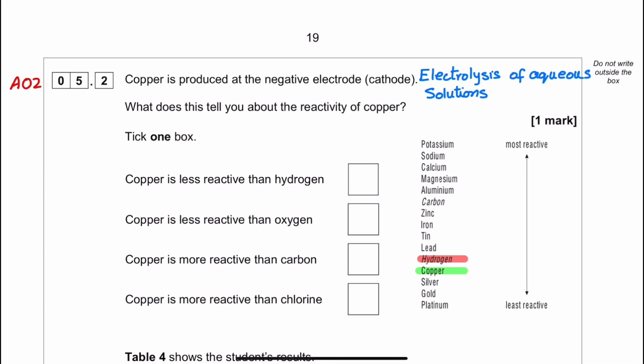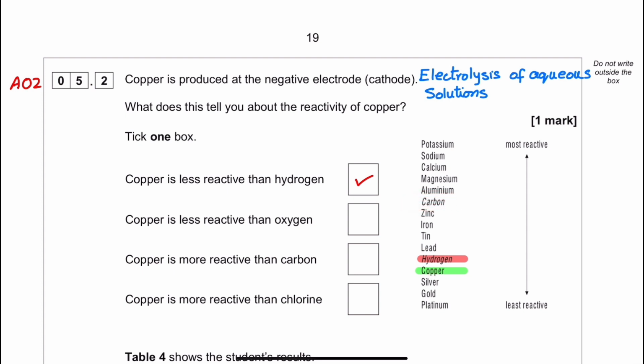So our correct option is copper is less reactive than hydrogen. Copper is less reactive than oxygen. That option is not given in my reactivity series table. Copper is more reactive than carbon. That option is not correct because carbon is more reactive than copper.